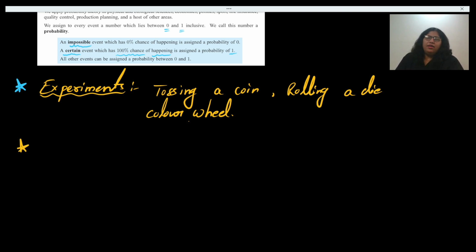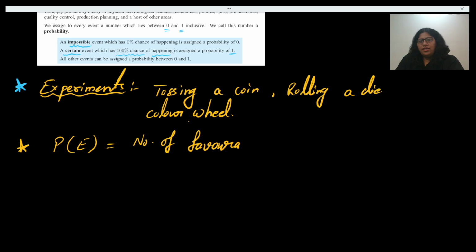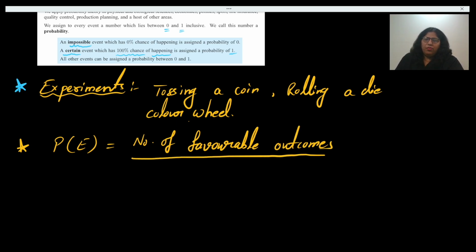Then you must have learned the probability formula. Probability of an event is always taken as the number of favorable outcomes divided by the total number of possible outcomes.